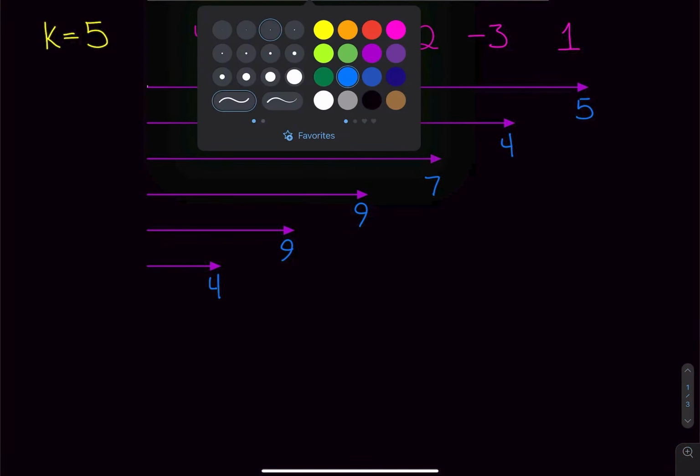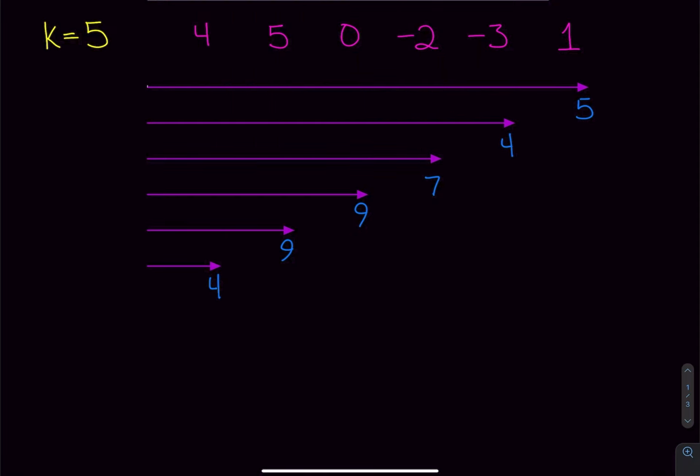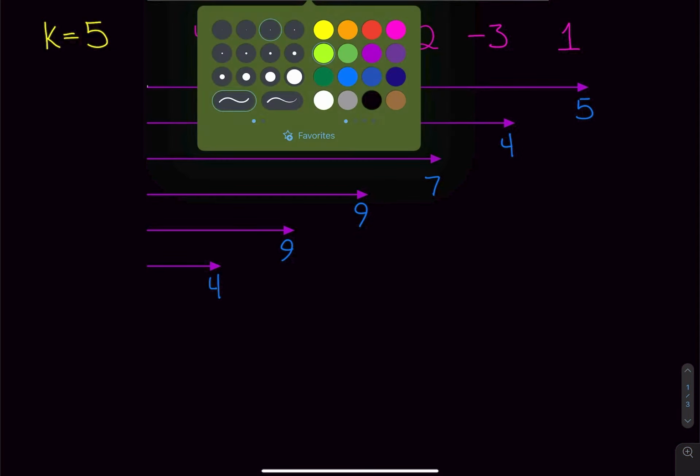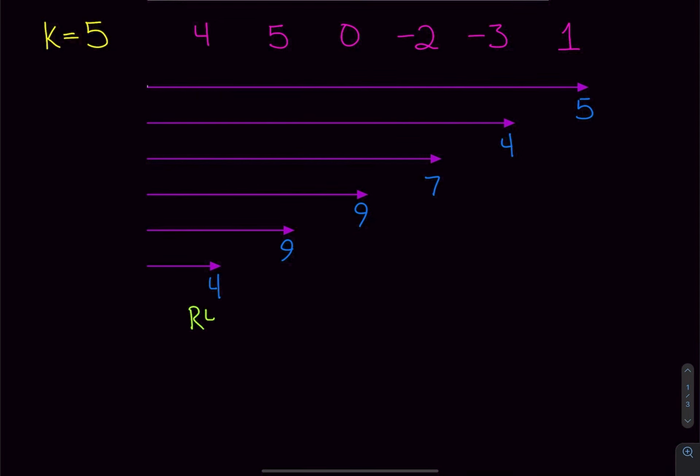If we use the mod function, or just divide each of these numbers by the k value and find the remainder, then 4 mod 5 gives a remainder of 4. Let me change this color so it's easier. Remainder of 4.